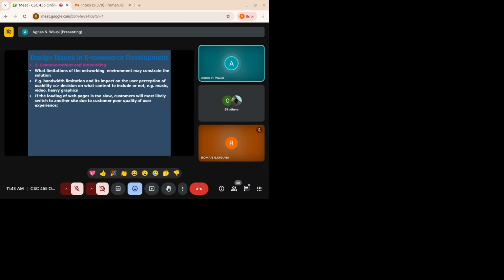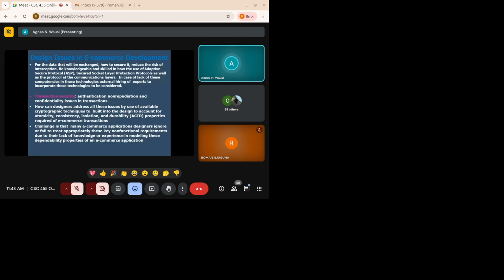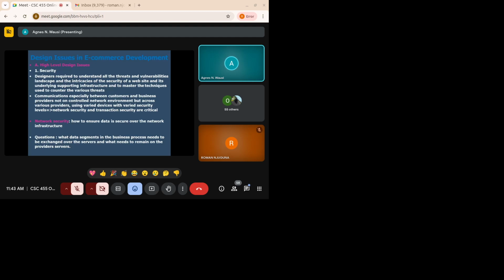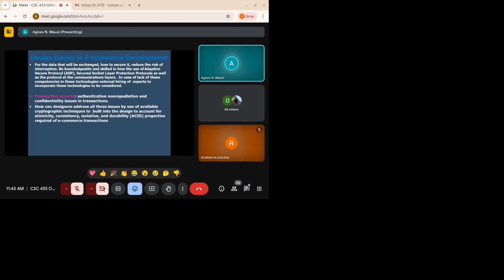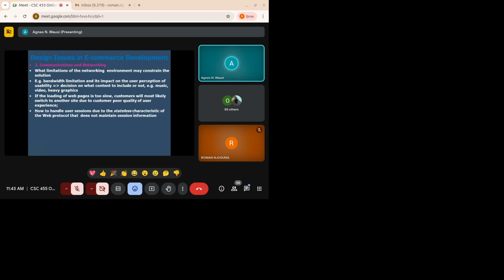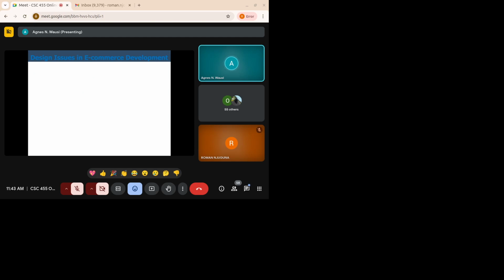Then the other thing that is important when you're looking at the high level, as you can see there, the first thing you were looking at was the security. So the other thing that is important is communications, understanding the communication and the networking.